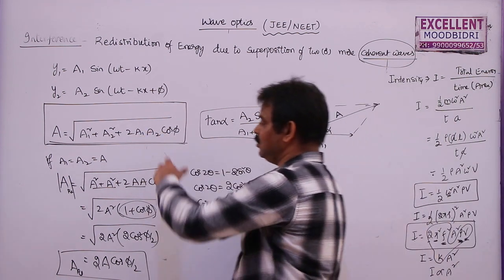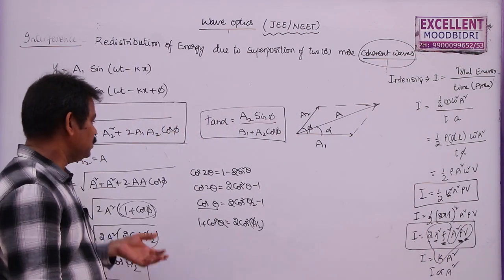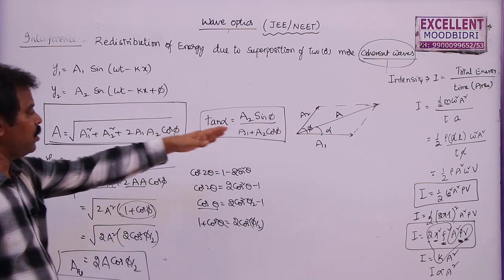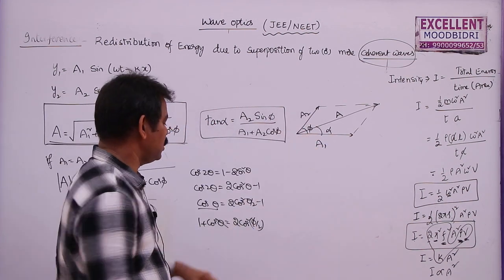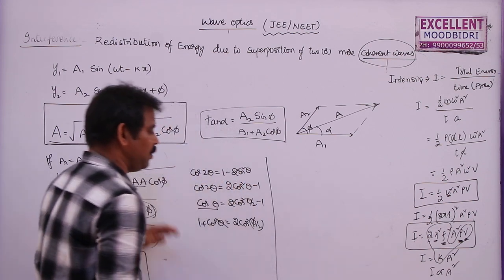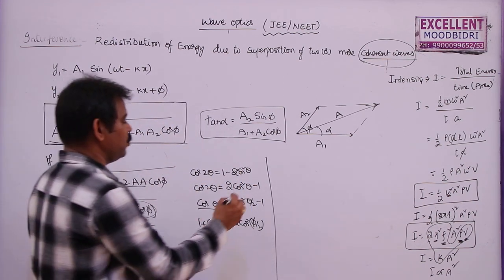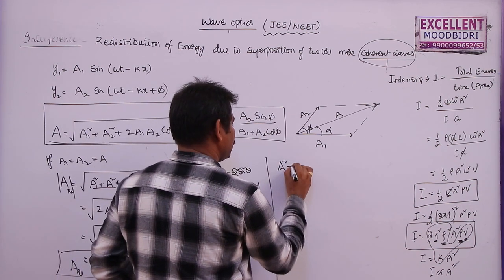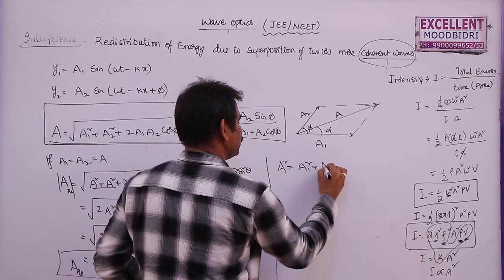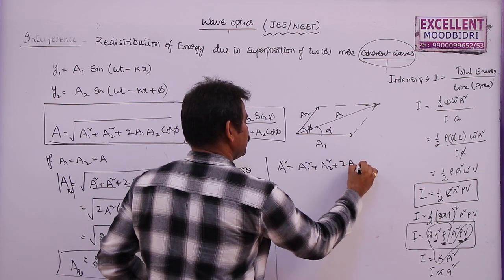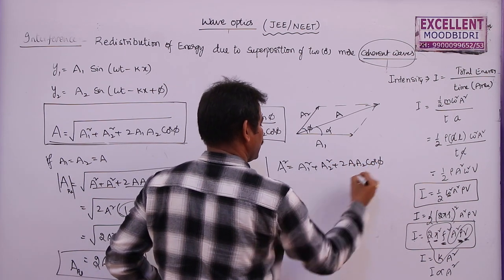After getting this value, now we can find out the resultant intensity of two waves that are superimposing here. So I am going to convert all these amplitudes into intensities. Squaring on both sides, I get A square is equal to a1 square plus a2 square plus 2 a1 a2 cos phi.